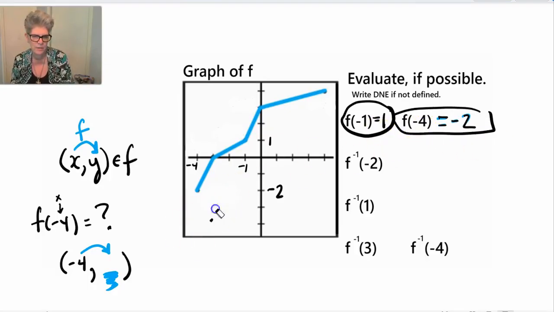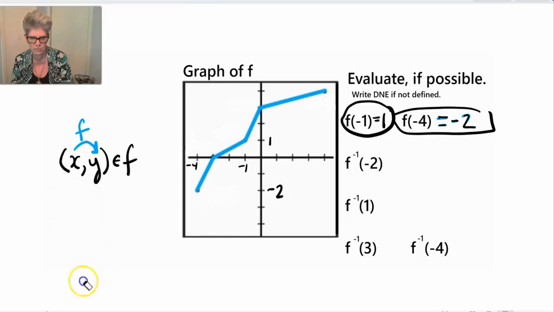But now when we get to the next questions, that's a completely different kettle of fish. All of those are f inverse. Now, first of all, is f inverse even defined? f inverse is only going to be defined if our function is 1-to-1. How do we tell if we have a 1-to-1 function?